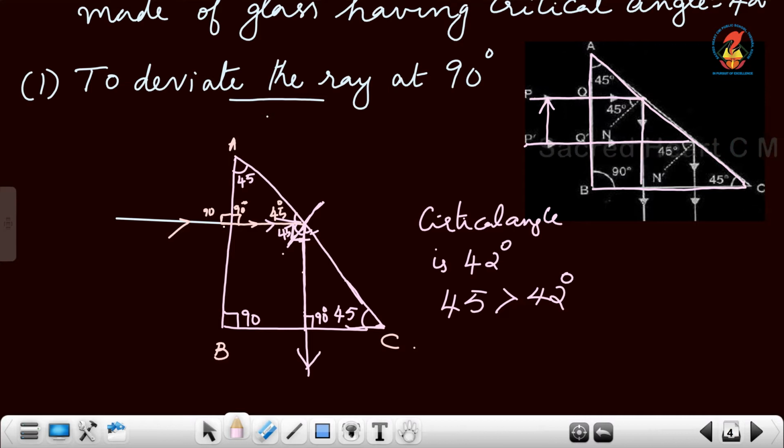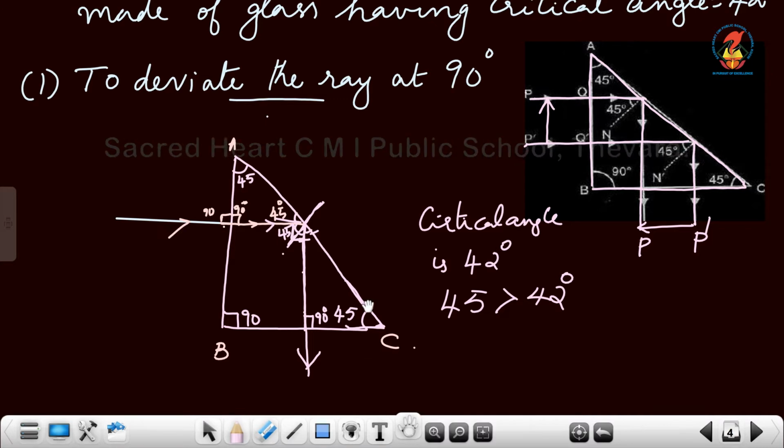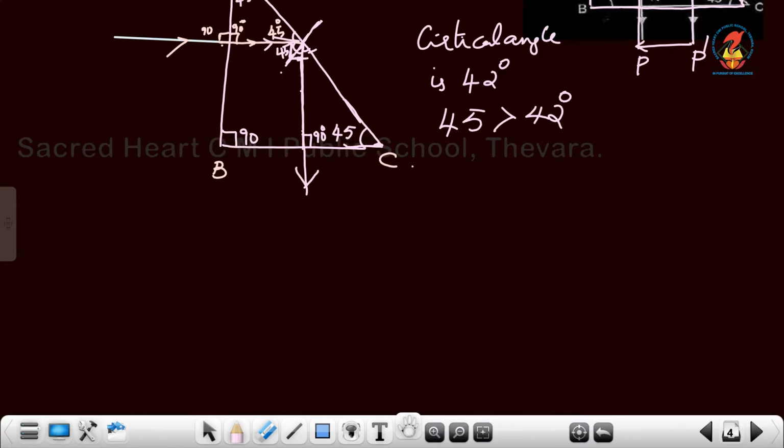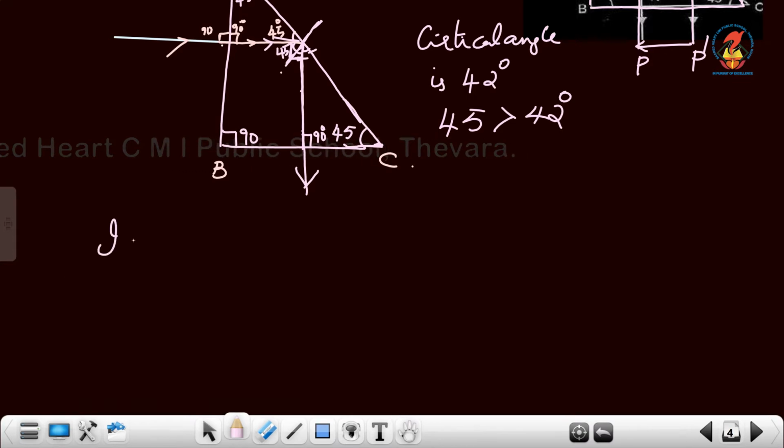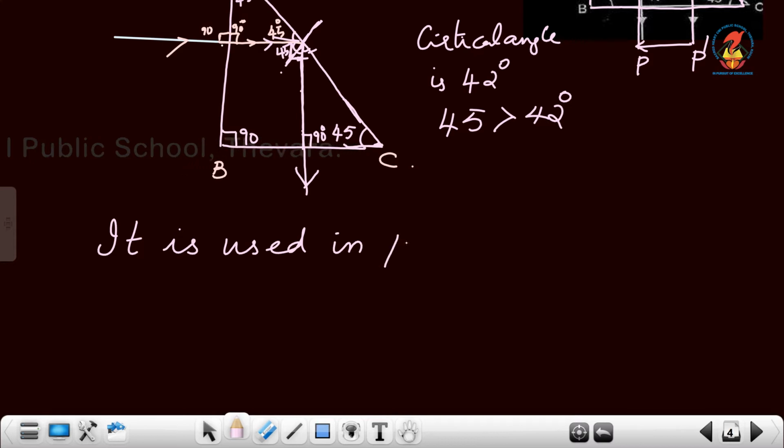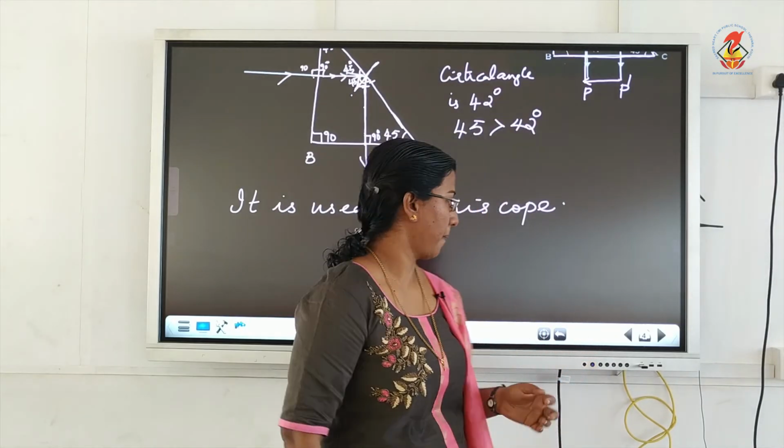Then it gets totally reflected and comes out, and we will get an image like this, P dash. Now, the total reflecting prism which deviates the ray through 90 degrees is mainly used in a periscope, that is the device used in a submarine to see what is happening above the water.